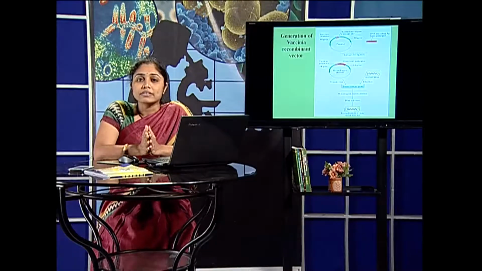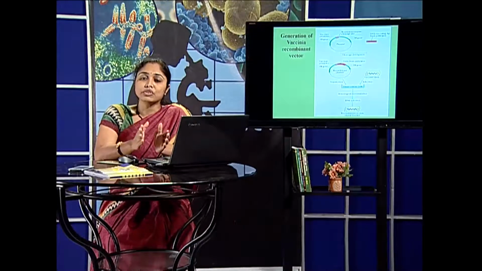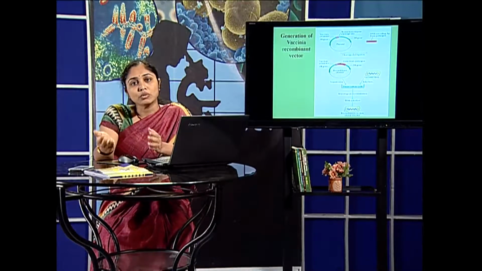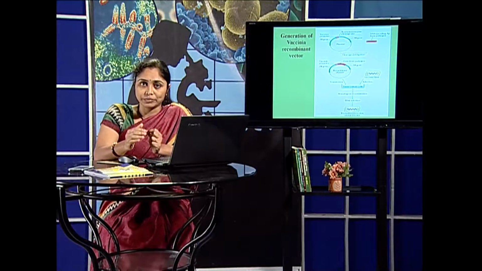Recombinant vector vaccines are developed using an organism, deleting some of the disease causing genes from it and introducing one or more genes of interest from a pathogen. Now, this organism will act as a vector.